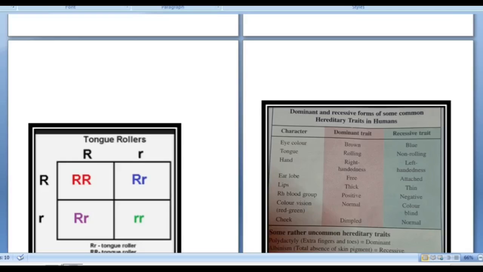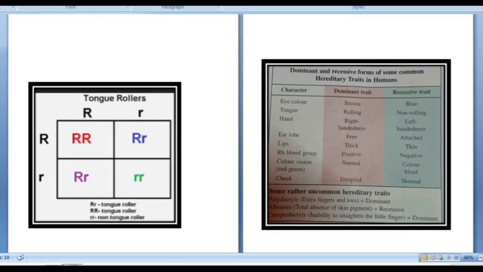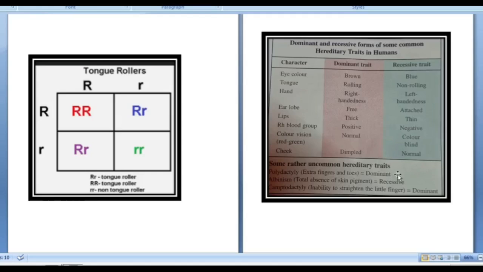The same can be seen through a Punnett square. A Punnett square is a square that depicts the cross. In this square, the gametes are written on top for one parent and on the side for another parent outside the square, and the offspring are shown inside the square. Here the gametes for the parents were capital R, small r, and here also capital R, small r. Why? Because one of the children is a non-roller.